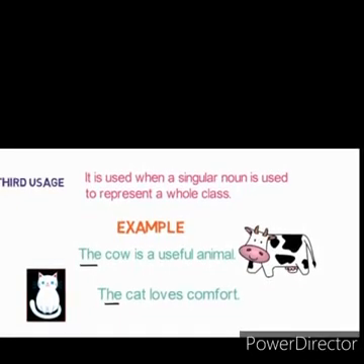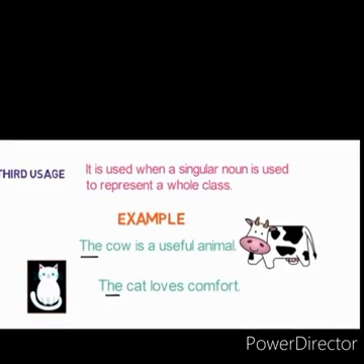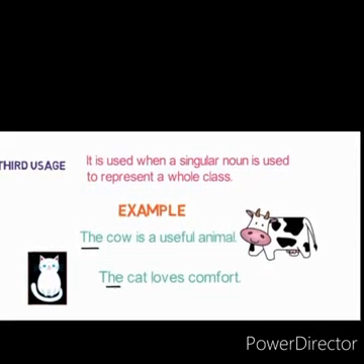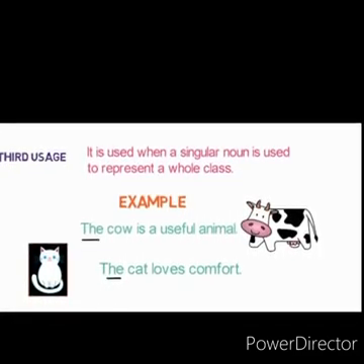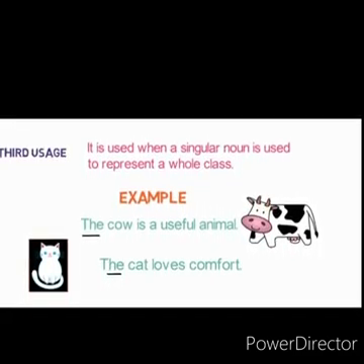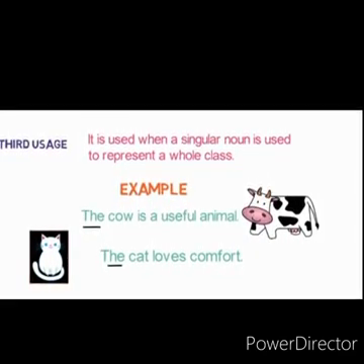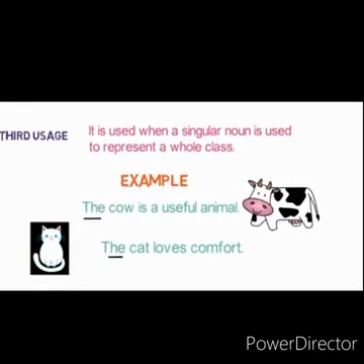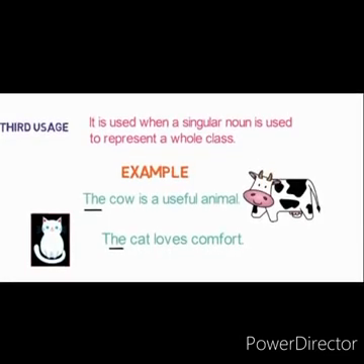Here we have used article the because we are talking about whole class of cow. So over here cow is representing the whole class of cows. Similarly, the cat loves comfort. So over here also we are talking about whole class of cat. So that is why we have used article the.